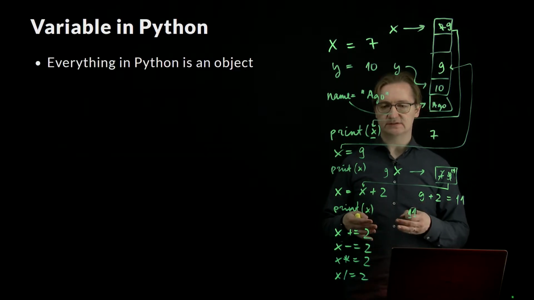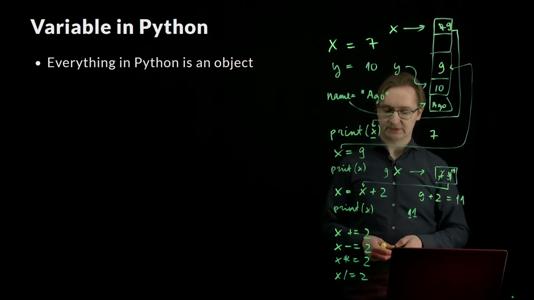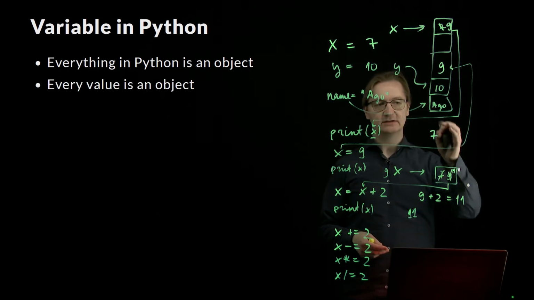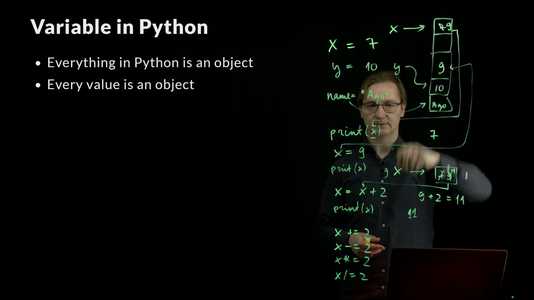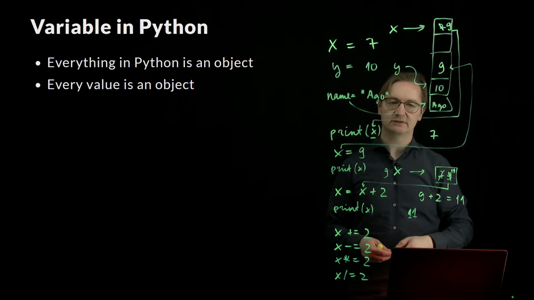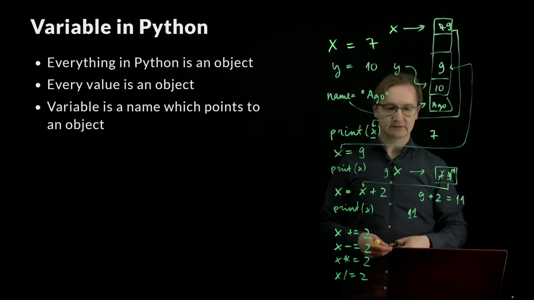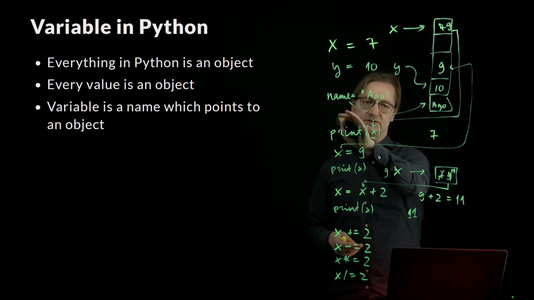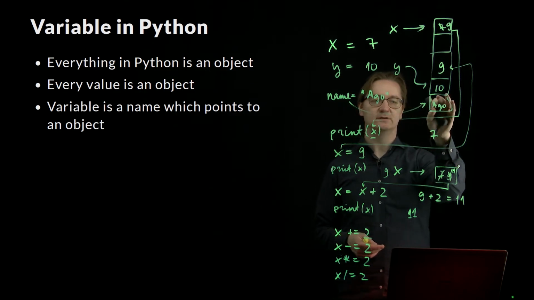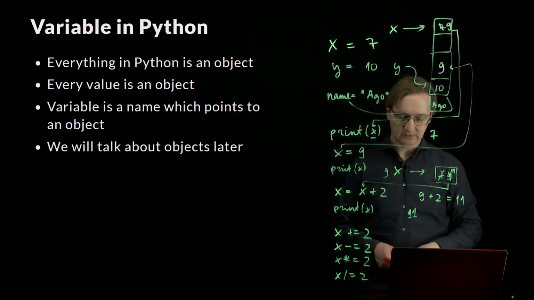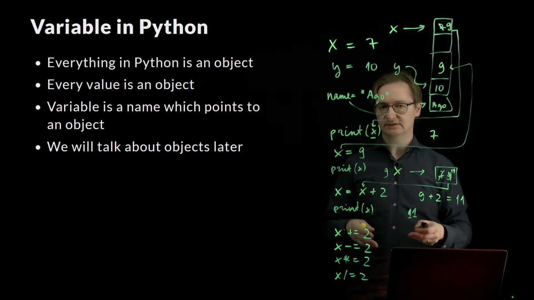In Python, we say that everything is an object. Every value where the variable can point is actually an object, and so the variable always points to an object. We will talk about objects later.